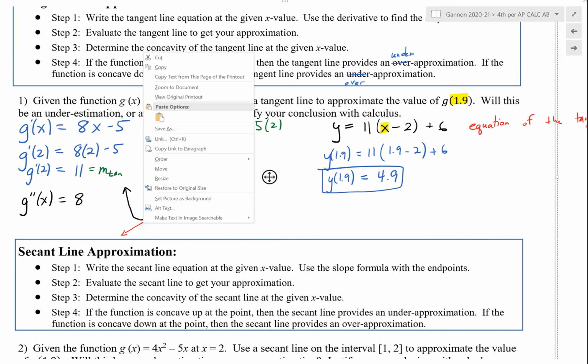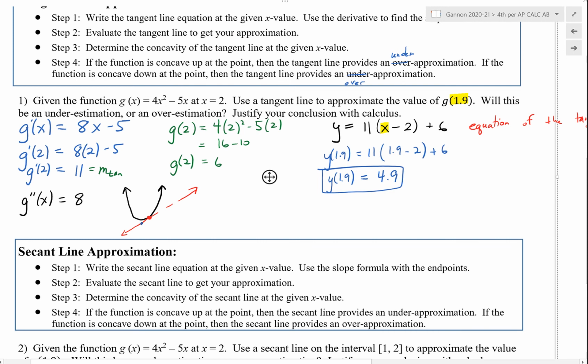So the value that we're getting is this particular point right here, which you can see is below the curve, which makes this an under approximation. So when our function is concave up, our tangent line approximation will be an underestimate, or under approximation.